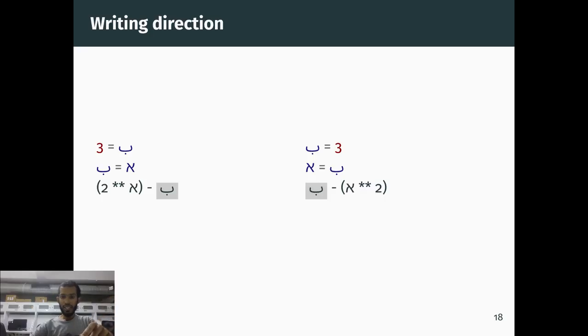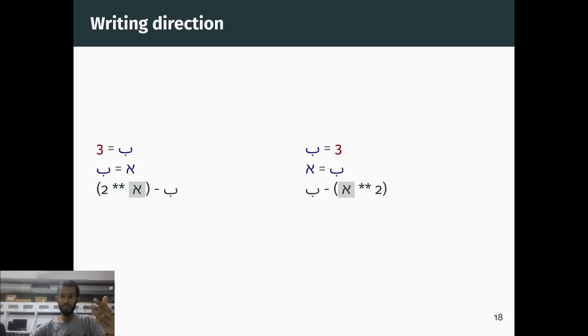I have highlighted the part which corresponds to the source and the part where it is rendered. So it goes like this. First the ba is rendered, then the minus, then the opening parenthesis is rendered, but it appears like a closing parenthesis.